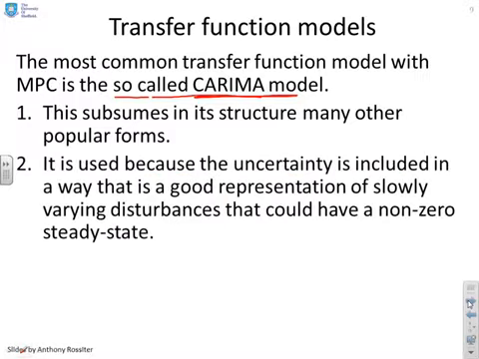And it was used because the uncertainty, in particular disturbance uncertainty, is included in a way that allows you to represent, and here's the key point, slowly varying disturbances that could have a non-zero steady state. And certainly in the process industry, people took the viewpoint that a slowly varying disturbance was perhaps a good representation of reality. So a model structure that captured this was suitable.